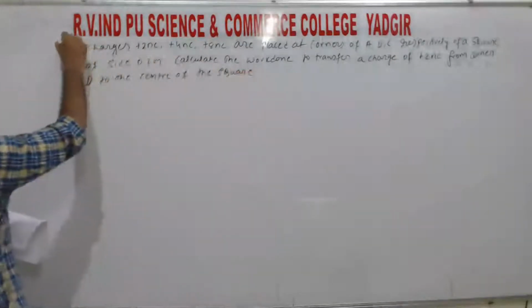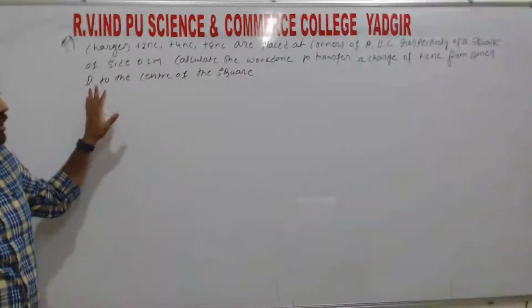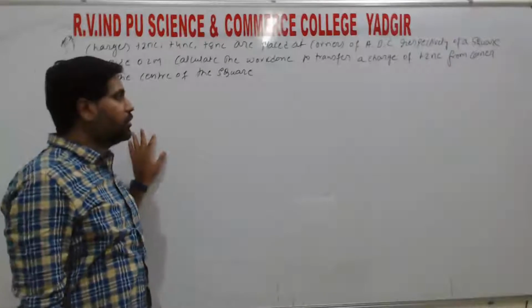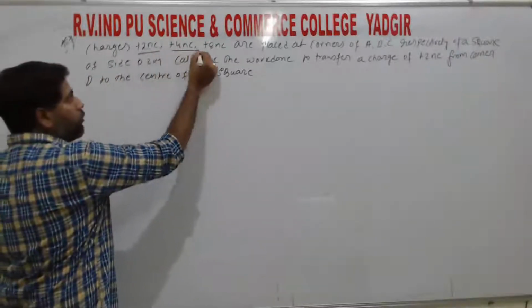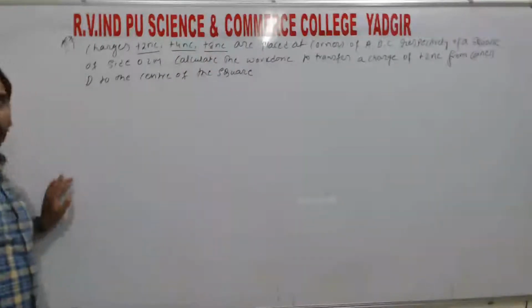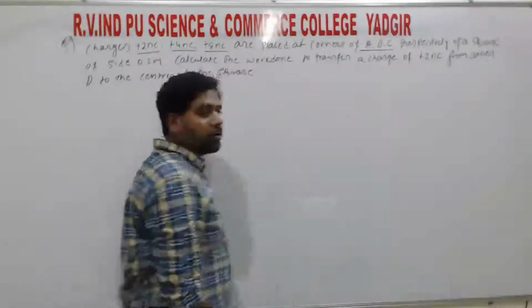So this is also very important. In 2019 also they asked a problem on the same method, and in 2017, right? So they gave three charges: 2 nanocoulomb, 4 nanocoulomb, and 8 nanocoulomb. These three charges are placed at the corners A, B, C of a square, right?